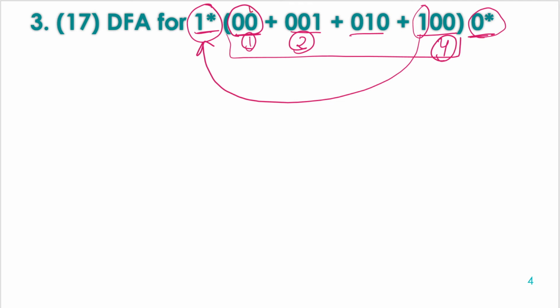If 00 is acceptable, that means we need not track this one also. Next, if we get 100, this 1 is covered by the starting ones, and this 00 can be accepted with this pattern. So we can say that the fourth pattern is also indirectly similar to the first two patterns.